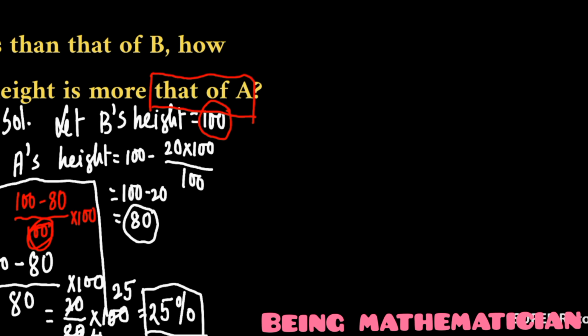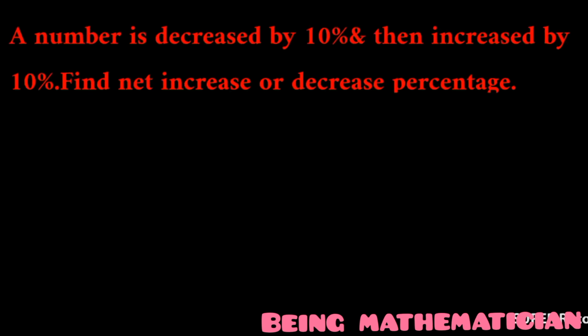Now move to our next confusion. Our second problem is: a number is decreased by 10% and then increased by 10%. Find the net increase or decrease percentage. Let's see the solution.